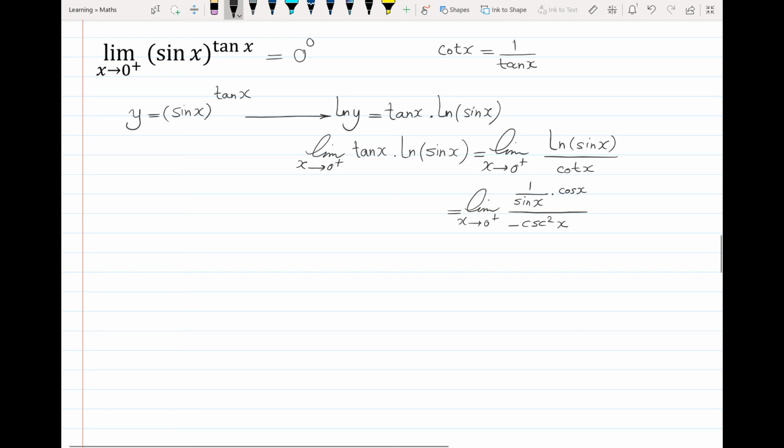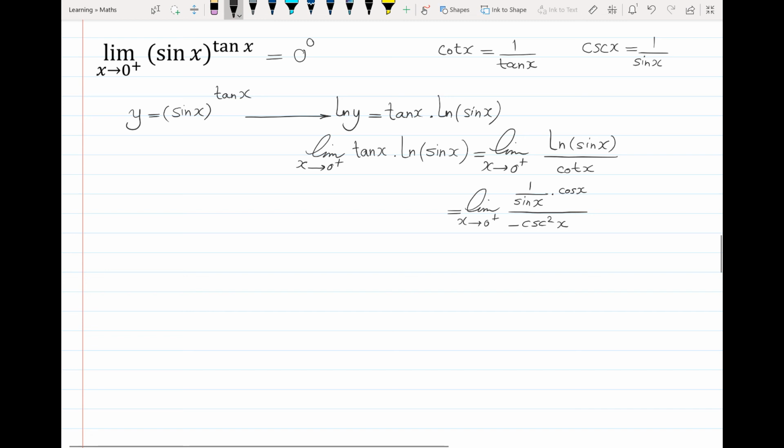Before we plug in 0 for x in top and bottom to find the limit, first we have to simplify this expression. Note that cosecant of x is 1 over sine of x. This is the definition of cosecant of x. It's the reciprocal of sine of x.